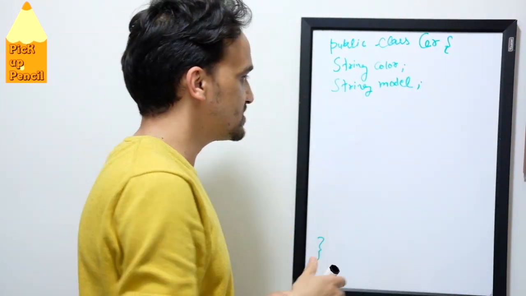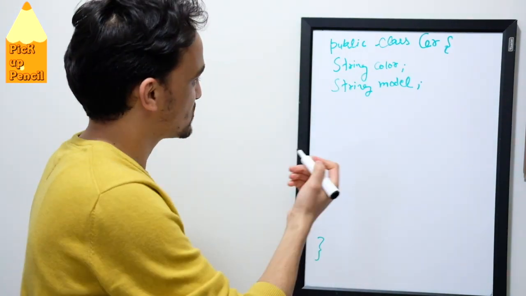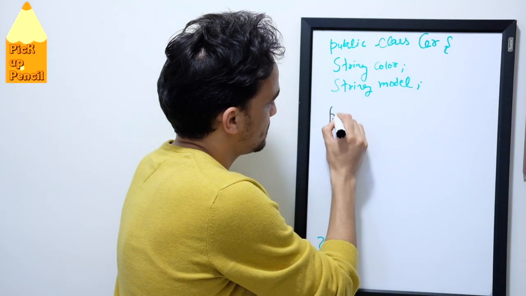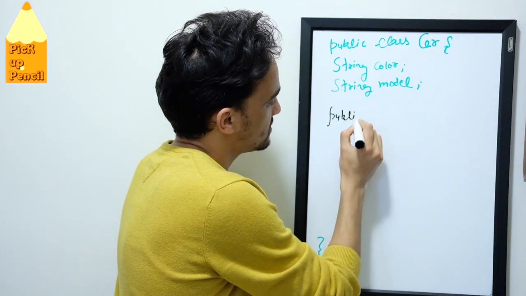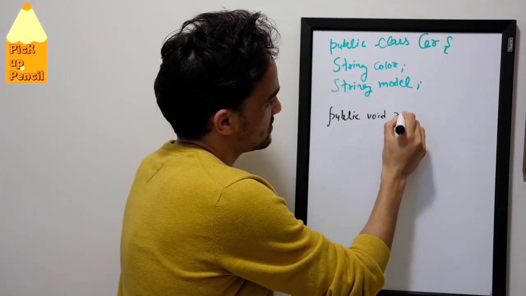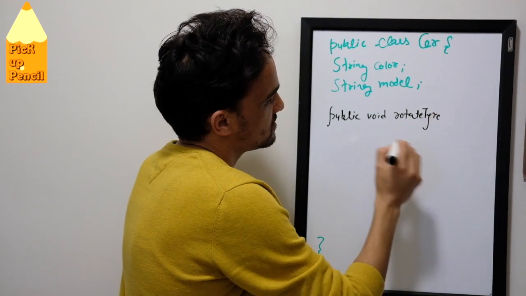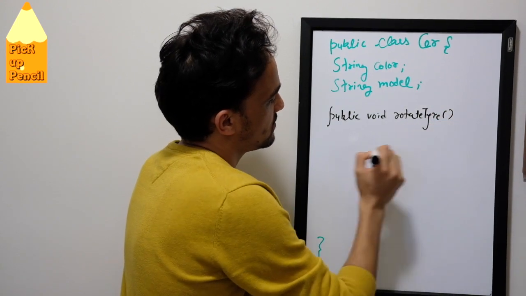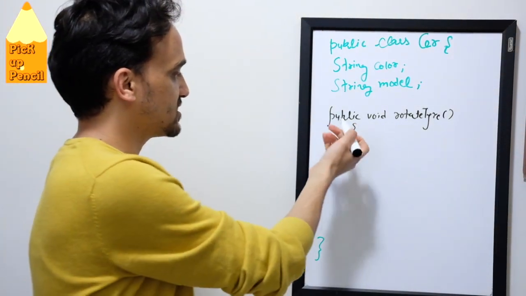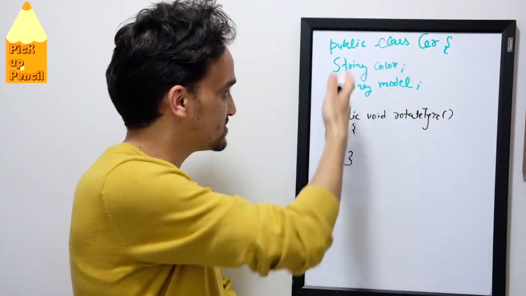Now let's go ahead and create some methods for this class. The first method I'll write is public void rotateTire, and something goes inside it. I said public for this method, which means this method can be called from outside this class.